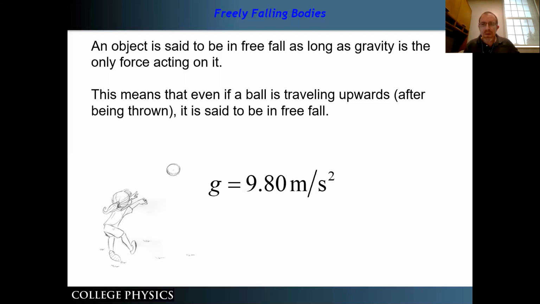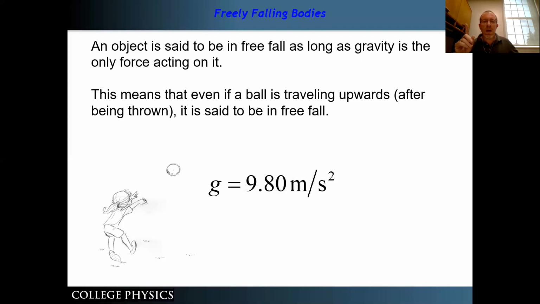Now, the acceleration due to gravity is always downwards towards the earth. So the acceleration due to gravity, we typically think of as being negative. Why? Because we typically make upwards a positive direction. Gravity is going to have a magnitude that's equal to 9.8 meters per second squared. So that's the actual size of the acceleration due to gravity.